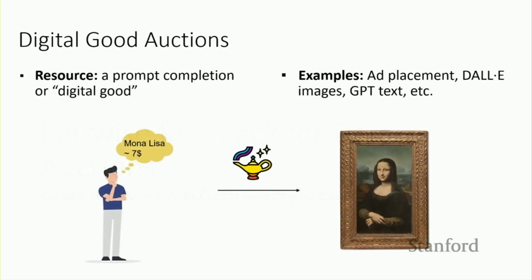So this is motivated by digital goods: things like what we've already engaged with a lot in this class, prompt completions, synthesized images, stuff like that. But you could also imagine using this for things like ad placements and other settings. In standard auction and bid settings, the market is obvious.